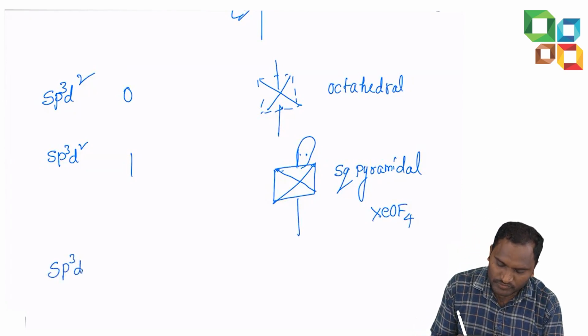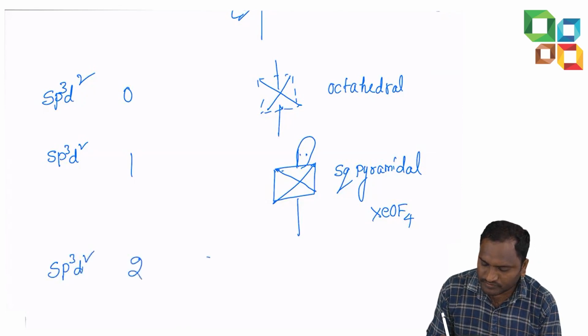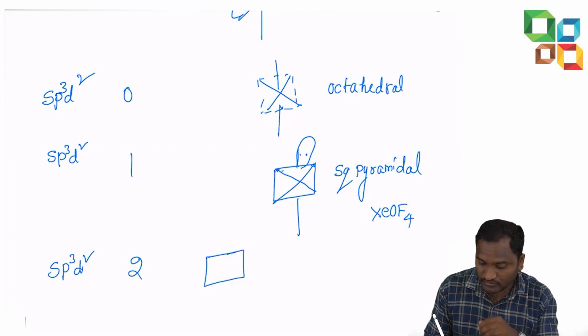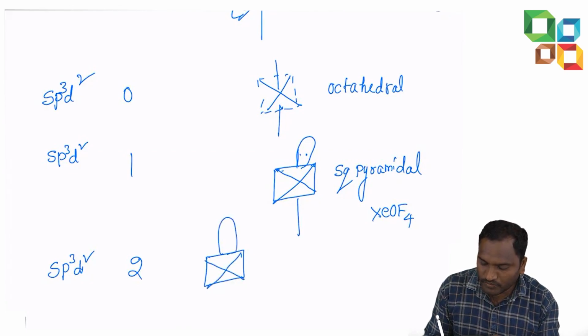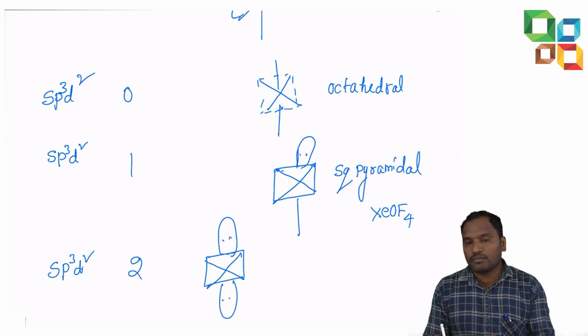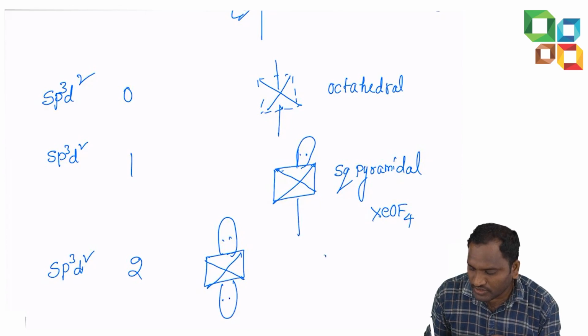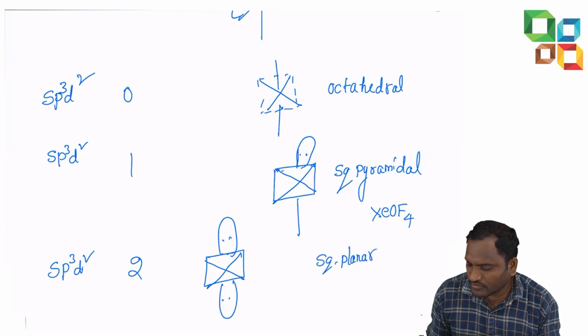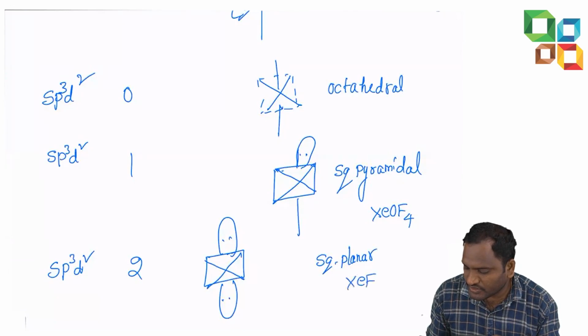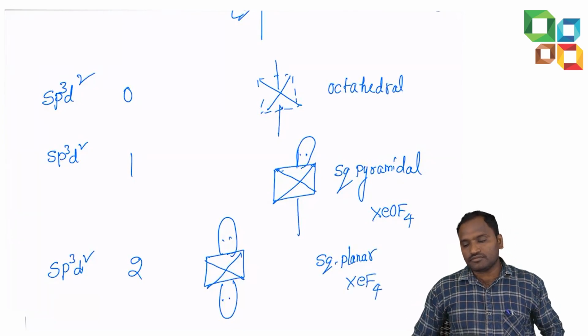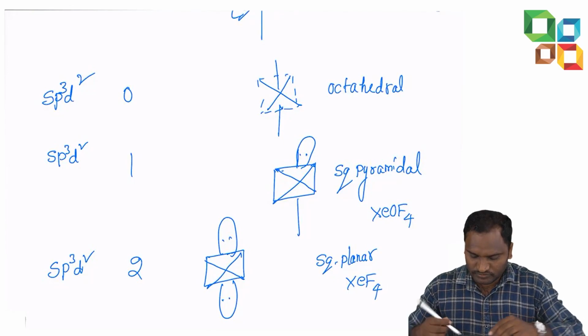sp3d2, two lone pairs. One lone pair here and one here, with bond pairs occupying the remaining positions. So the shape, if you see, is square planar. Example for this, XeF4.